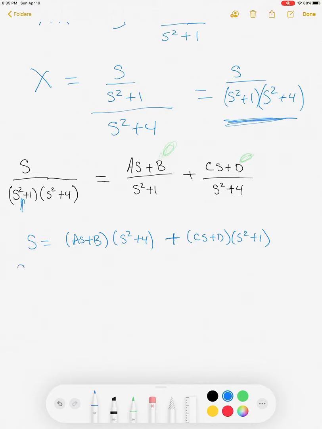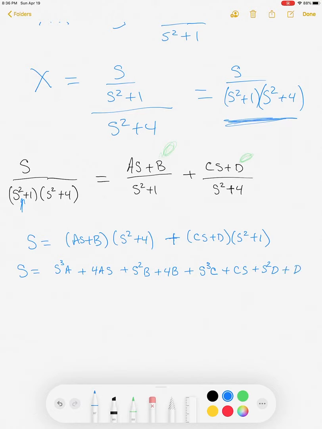And let's see here. I have s is equal to s cubed times a, so s cubed times a plus 4a times s plus s squared times b plus 4b plus s cubed times c plus cs, and then plus s squared times d plus d.